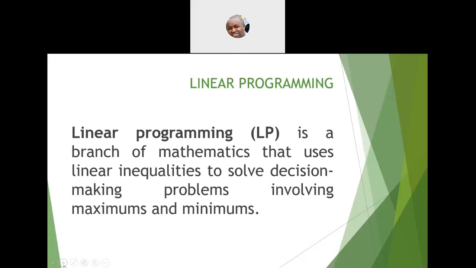A maximization problem would be perhaps we want to maximize our utility. It could be perhaps we want to maximize our profits. Whereas minimization problems would involve minimization of costs.